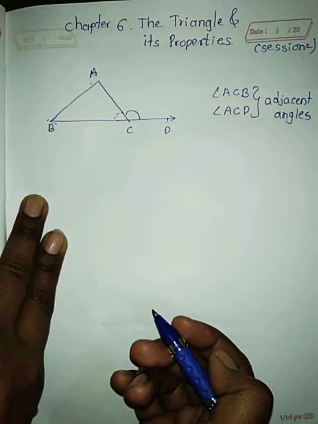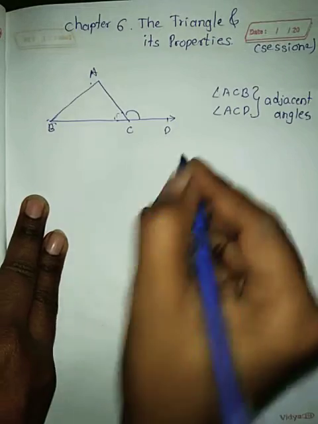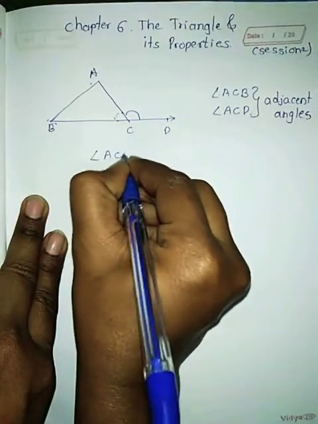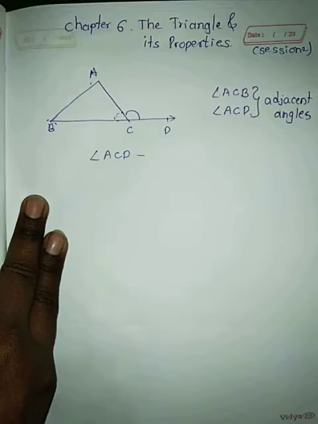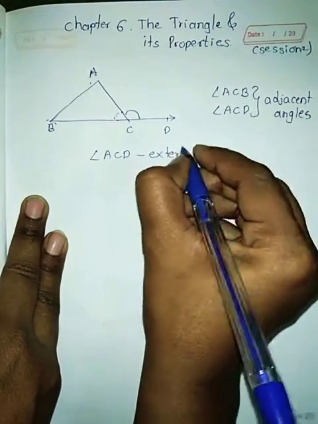Now the next point is interior opposite angles. Angle ACD is called an exterior angle.